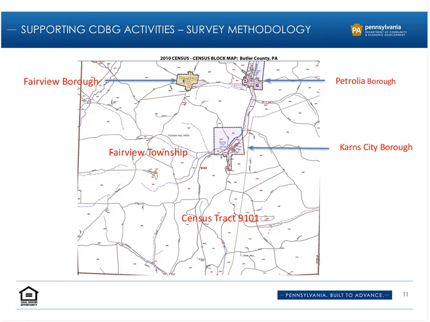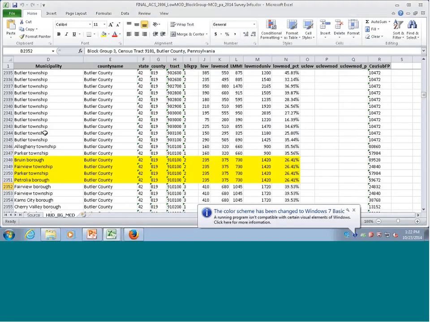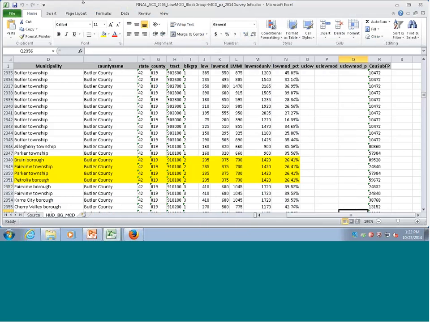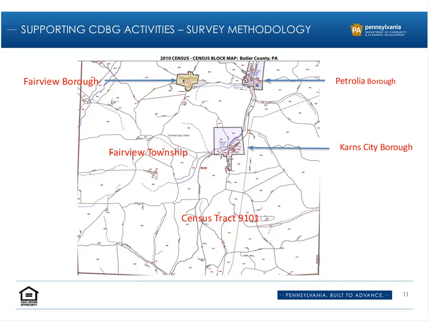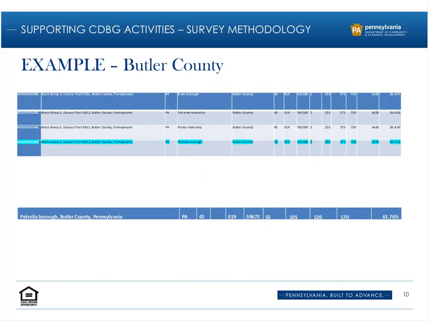We're going to go back, John, to the Excel spreadsheet, the other PowerPoint, I'm sorry. The slide right before it. So going back to this slide where Petrolia Borough is listed, you will note that there's just a single line on the bottom of the sheet which identifies Petrolia Borough as actually having 61.76% low mod.